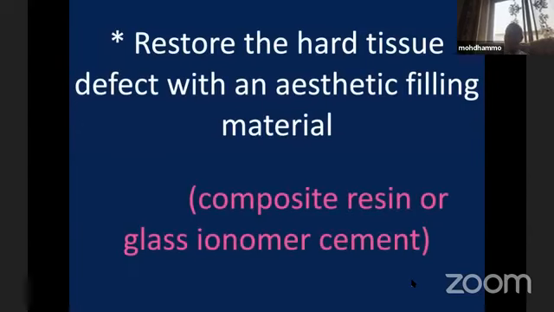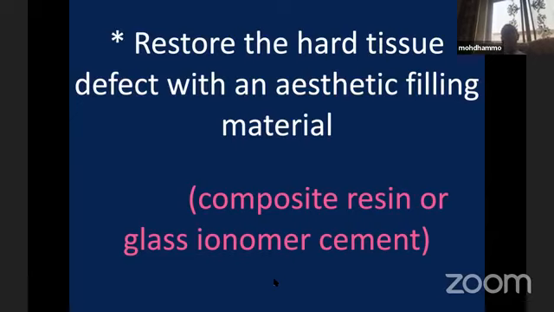Then, after finishing our treatment, we want to restore the hard tissue defect. If it is on the anterior teeth, we can use composite resin or glass ionomer cement. So we have to restore this part. Some use Biodentine, and then over it they can place the composite filling.